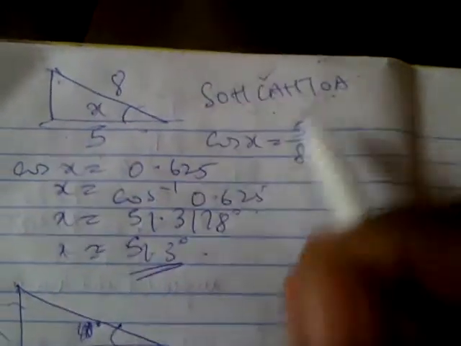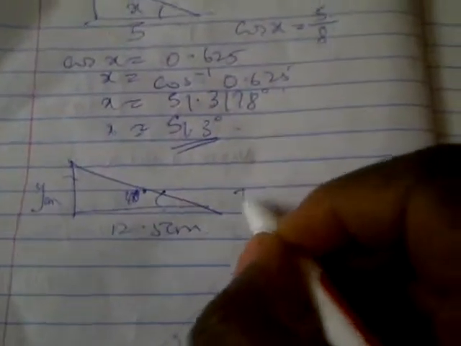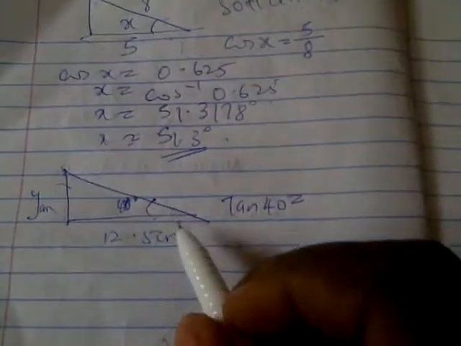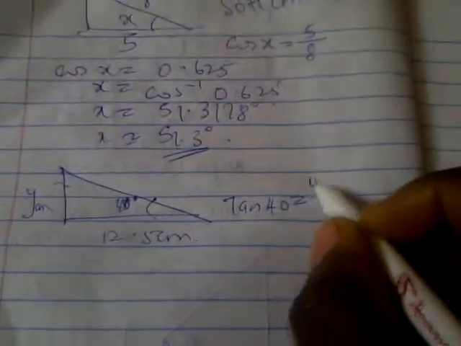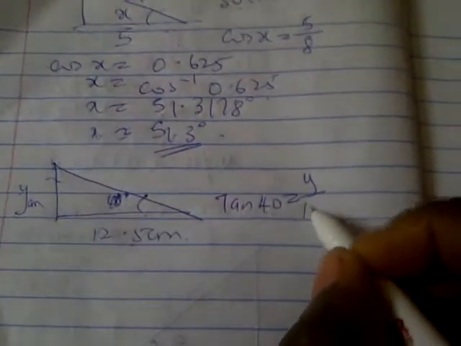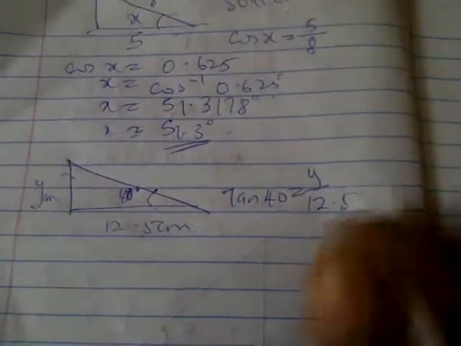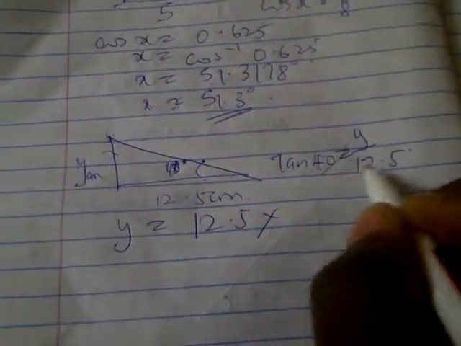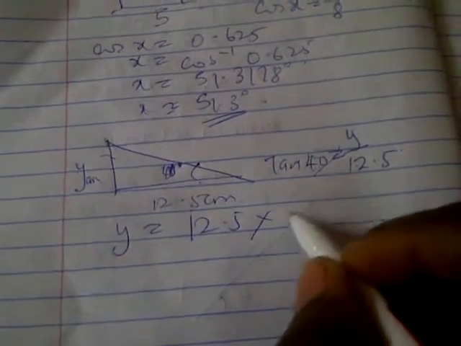So we do tan of the angle. Tan 40 equals opposite over adjacent. Opposite is y, over adjacent is 12.5. So y will now be 12.5 times tan 40.